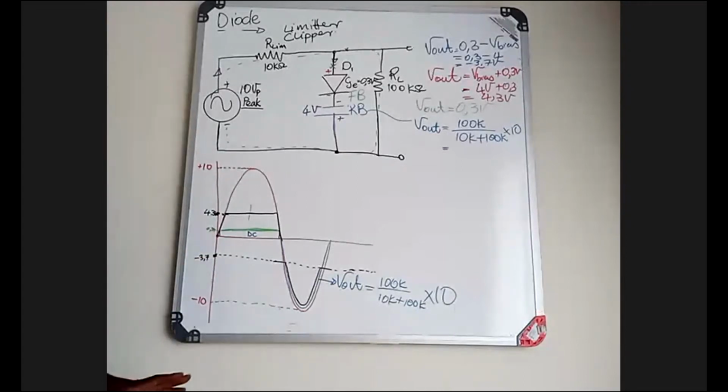Then I will continue with my signal as it is. That is another way of biasing this. Now, with these three states that I've mentioned, that is how you do a positive limiter or positive clipper circuit.